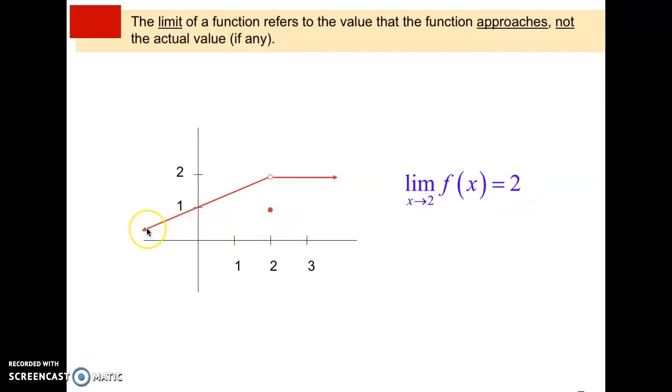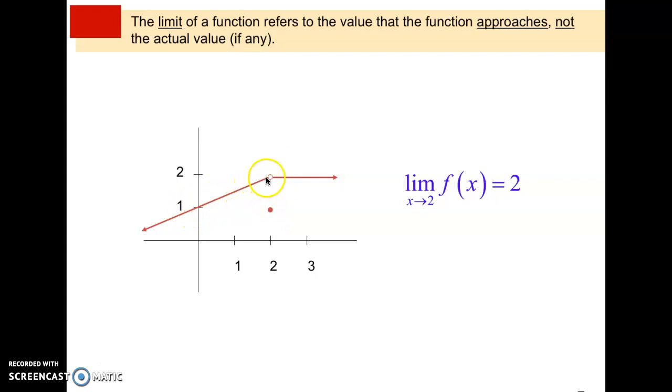I say it equals 2. What we would do is we start over here at the left of the function, and we approach this value. At x equals 0, the output of the function is 1. At x equals 1, it looks like the output of the function is 1.5. As x is approaching 2, my targeting value here is an output of 2, even though the function is not defined at that open circle and it is actually defined down here.